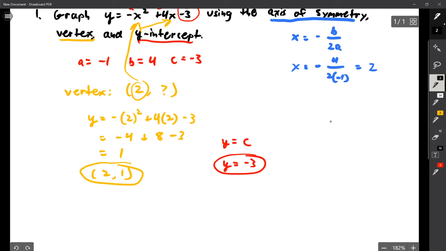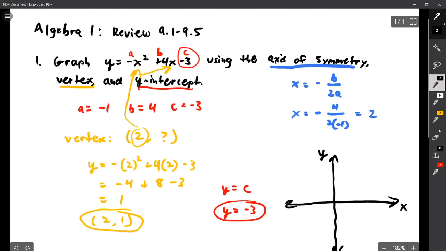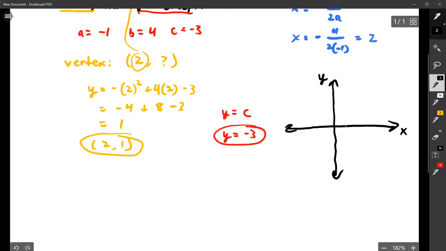I'm going to go black here, and we have our axes, arrowheads, x-axis label, y-axis label at an x value of 2. We have this vertical line. That's our axis of symmetry. We have the vertex at 2, 1.